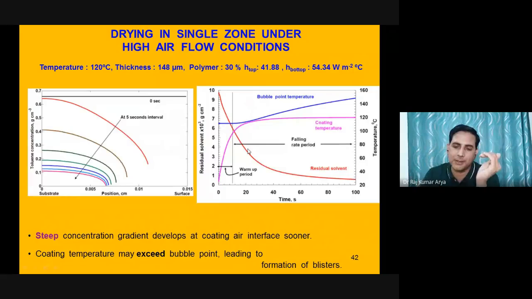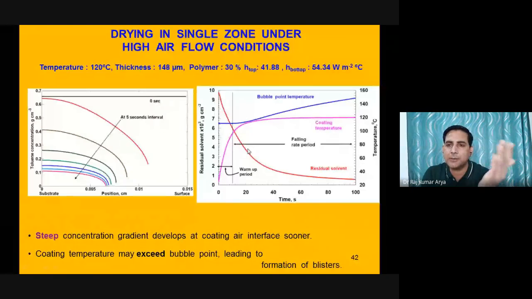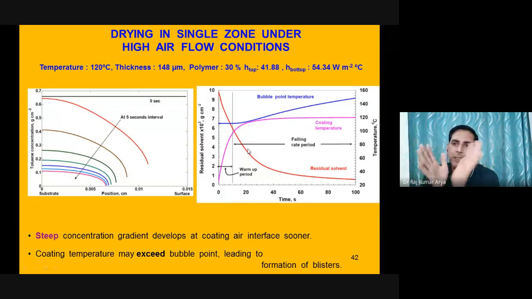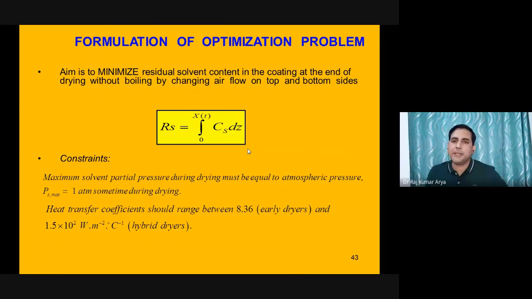How long would I dry? In between the previous one, there's a mild condition where you are drying at a low heat transfer rate. Here you have a high one. In between the two, you will have some optimum conditions which can optimize my drying condition, the solvent, and drying time. So for that, we have made an objective function.